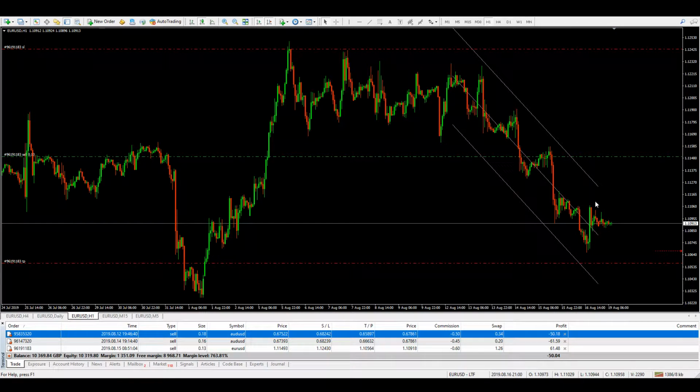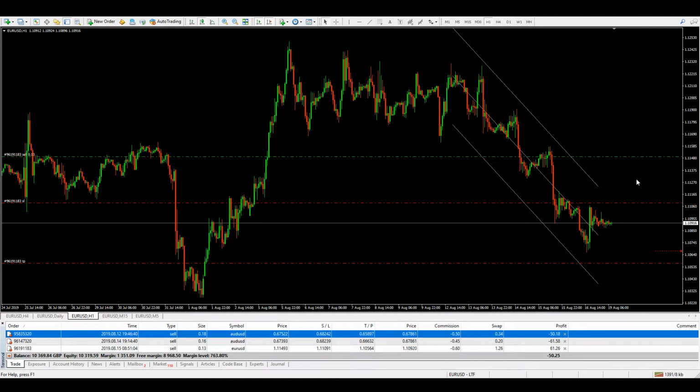Now, another way to manage this is to bring down the take profit to these kinds of levels to lock in a profit. Could do that so that should the price start to take out the lower highs, I've got a risk-free, well, I don't want to say risk-free because anything can happen.